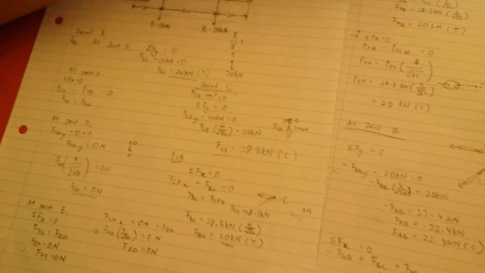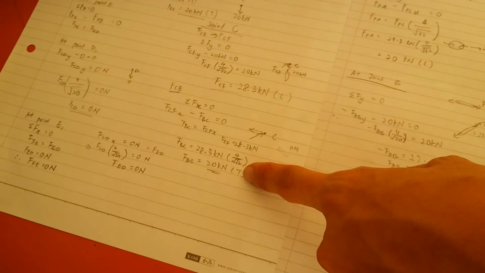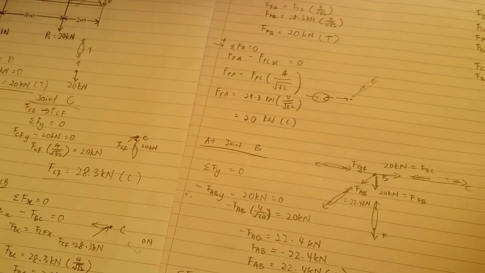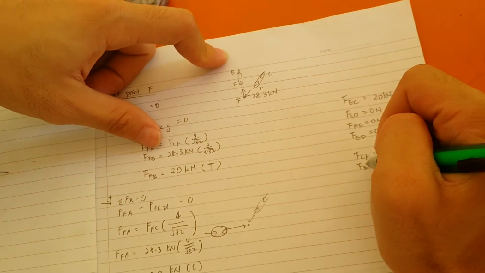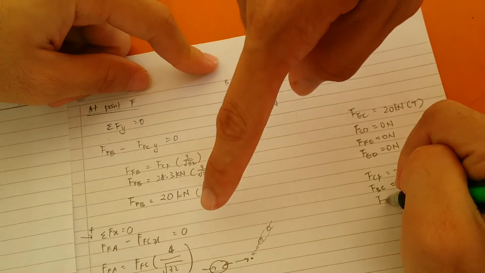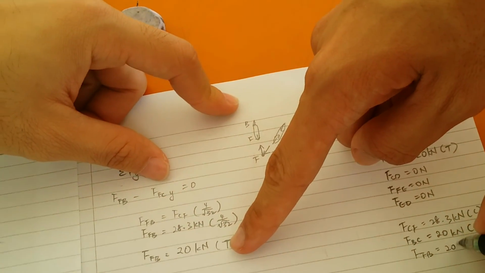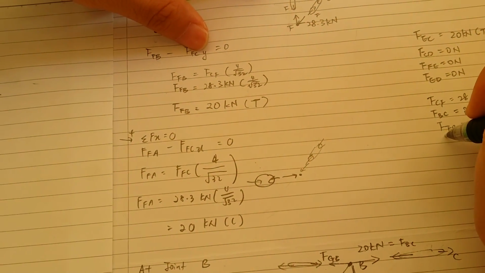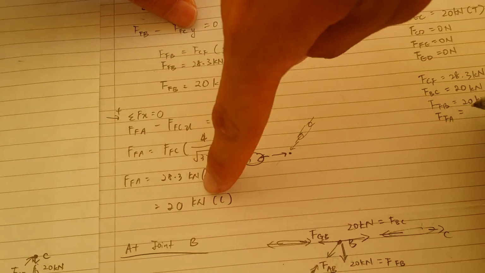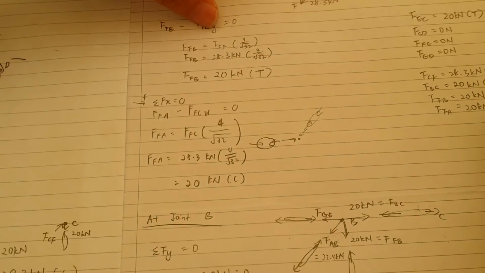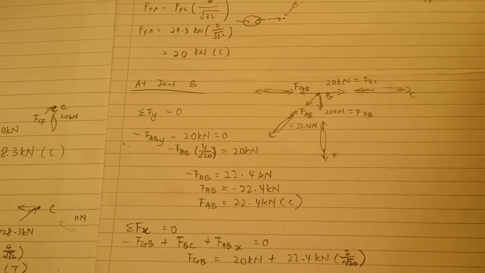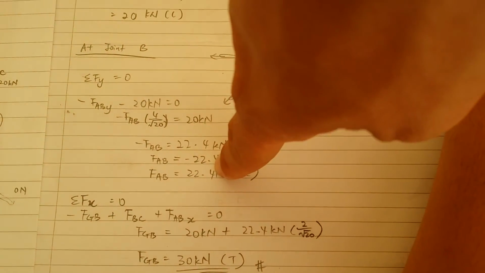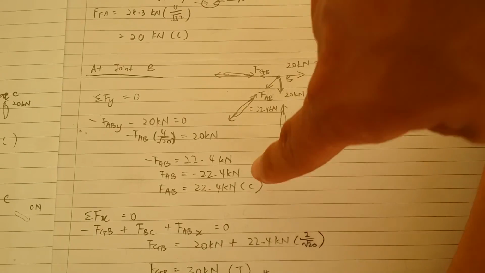Then FBC is equal to 20 kilonewton tension, and then FFB is equal to 20 kilonewton tension also, and then we get FFA equal to 20 kilonewton compression, and FAB is equal to 22.4 kilonewton compression.